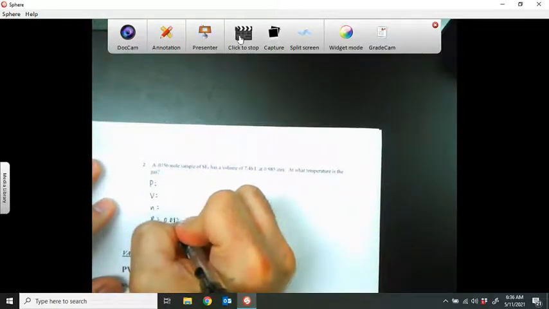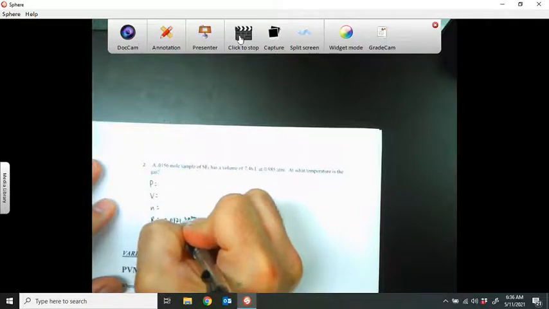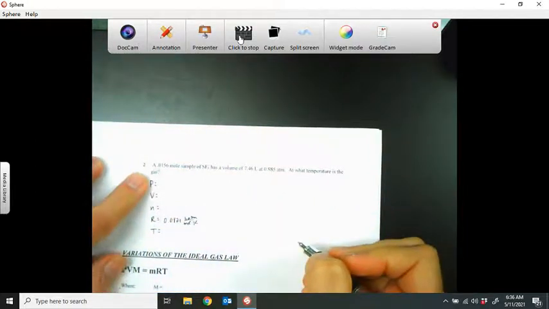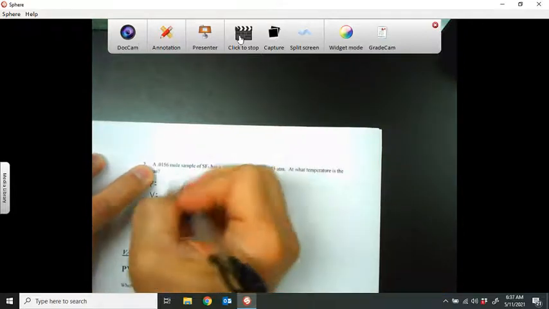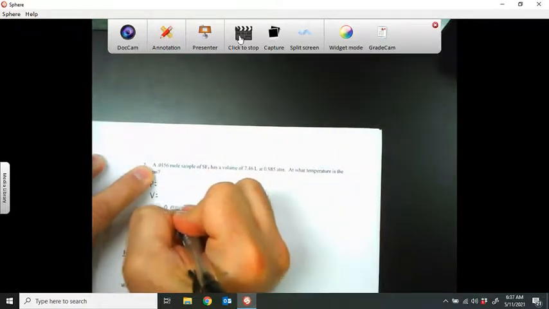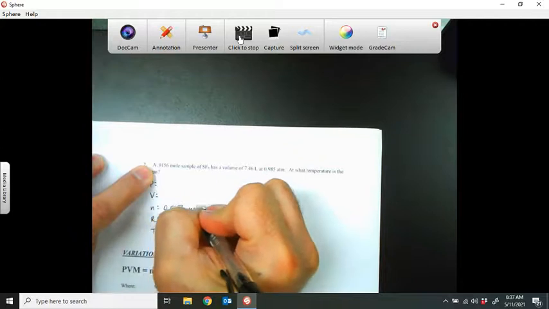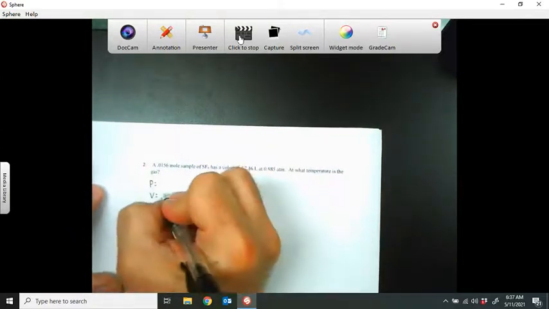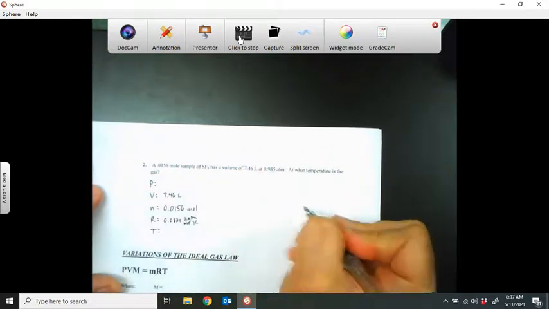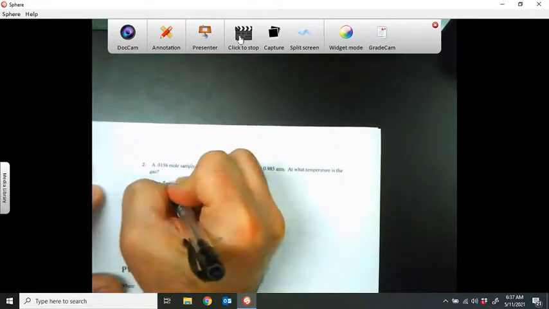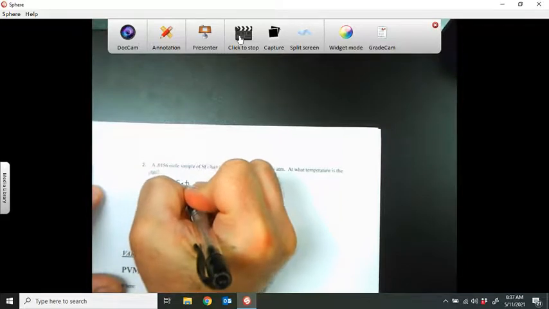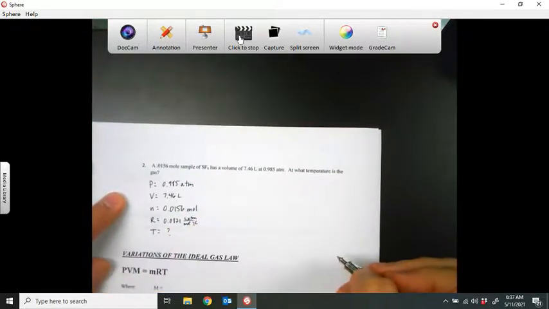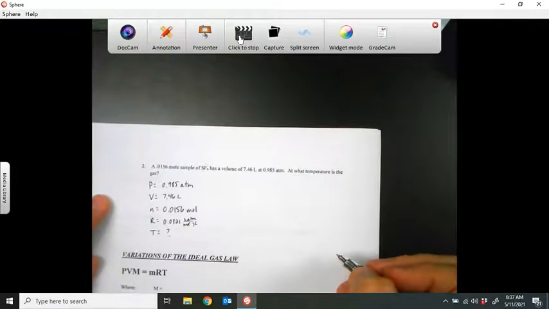We're never ever going to solve for R. It's always given to you. So 0.0156 is our moles. Volume, 7.46 liters. Our pressure is in atmospheres. And our temperature is our unknown. So now we are solving for T.